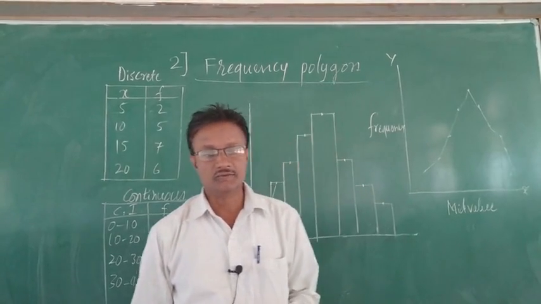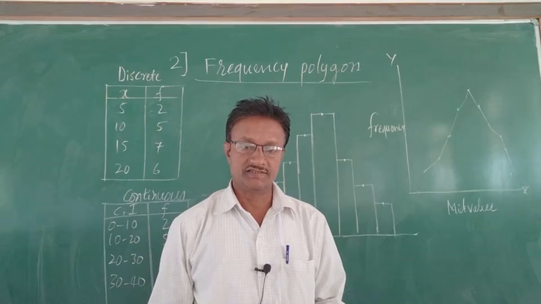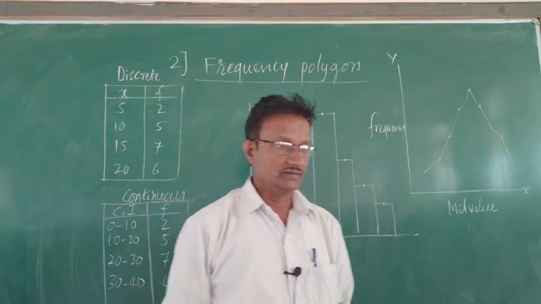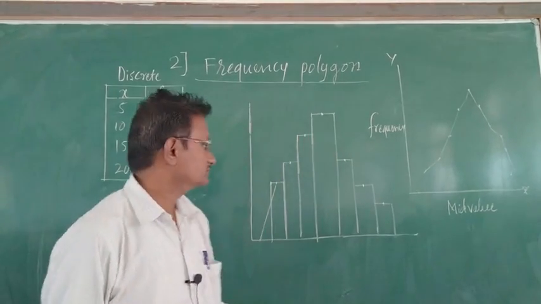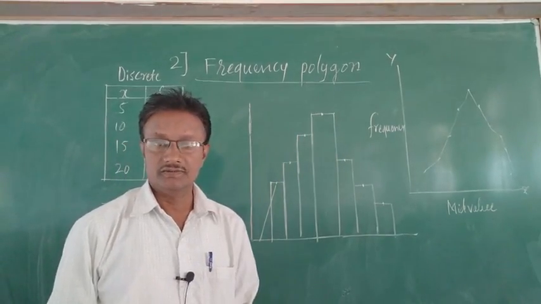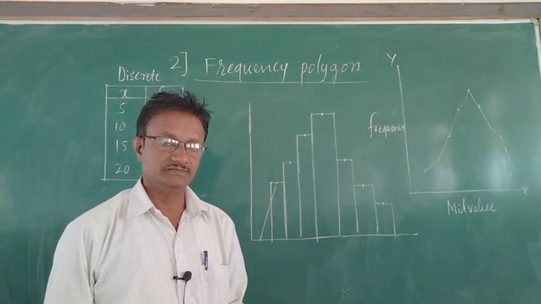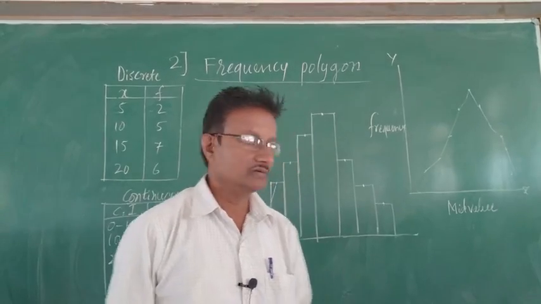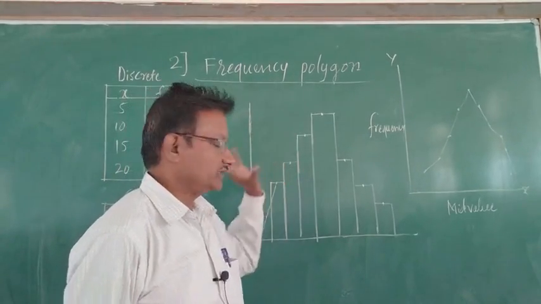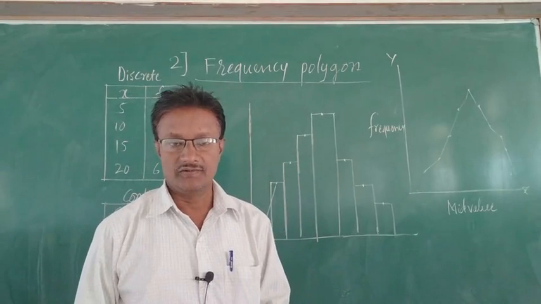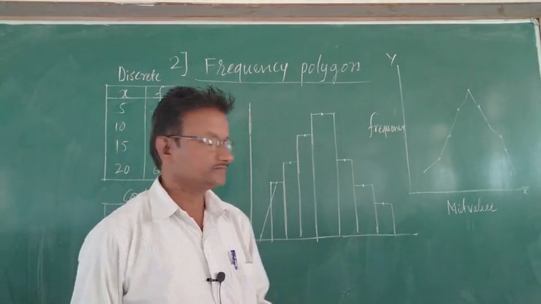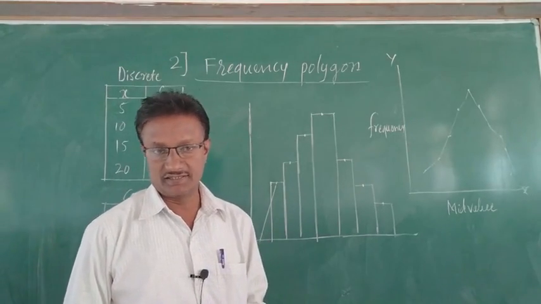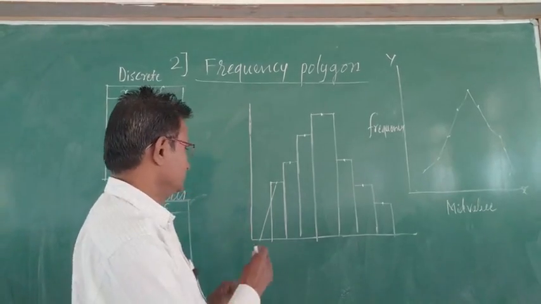There are two ways for constructing frequency polygon. One, we can construct frequency polygon from the histogram. We have already discussed histogram. Adjacent rectangles are drawn in histogram.